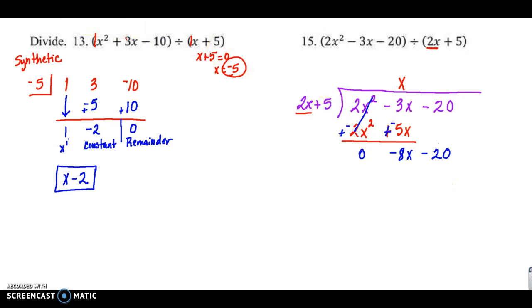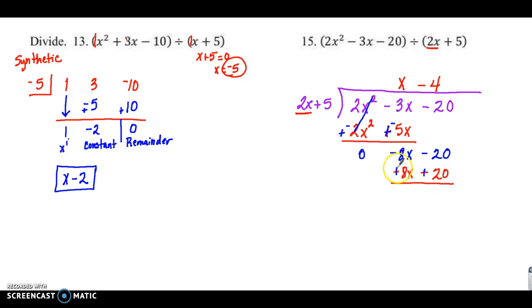We continue looking at our 2x again, times what gives me negative 8x, and that would be a negative 4. Negative 4 times 2x gives me a negative 8x. Negative 4 times 5 gives me a negative 20. Again, we're wanting to change our signs so that when we add, it's like subtracting.